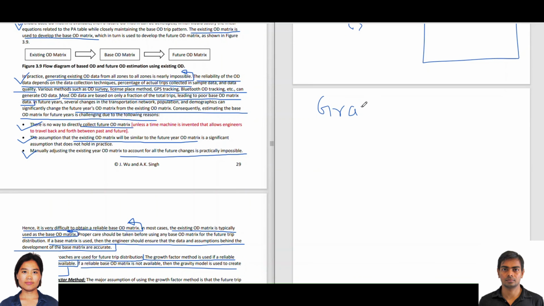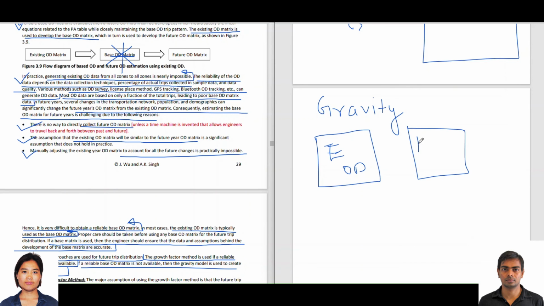We do not even jump into looking at base OD. So figuring out base OD is very tricky. It is kind of a nightmare to work with existing, incorrect OD, which comes from different sources and is hardly correct, and then play around with estimated future OD to come up with a base OD.